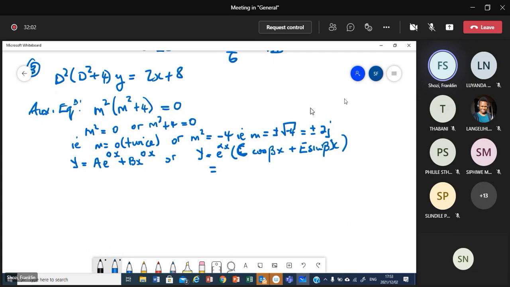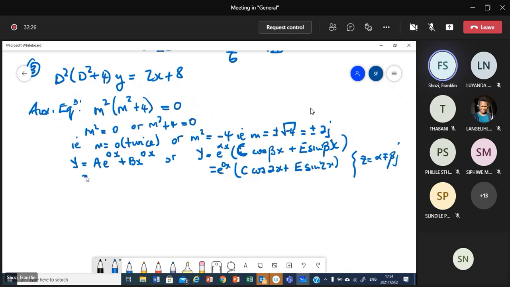Then do the substitution. What is my alpha here? Remember, my Z can be written in the form alpha plus beta j, but my alpha here is 0. So that would be e to the power 0 of x into C cos 2x plus E sine 2x. This will be 1.